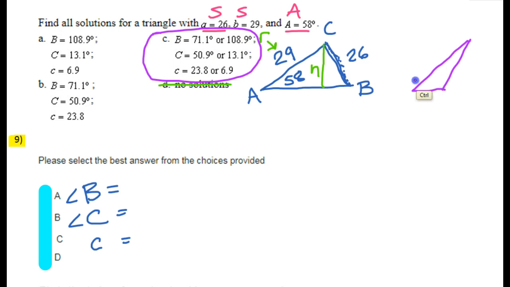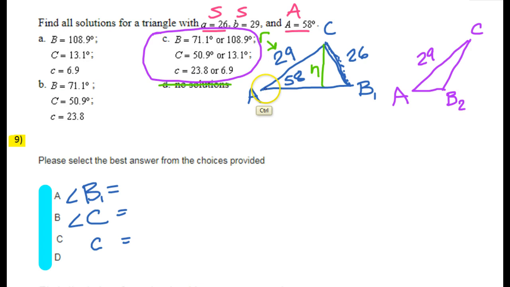Okay, so here's the skinny triangle. So here's A, and we have the 29, and here's C. Now I'm going to call this B2, so it's different from the first one. In fact, I think I will call this B1. So we have B1, and we will also have B2.